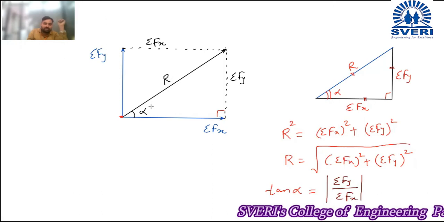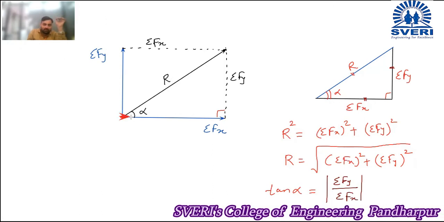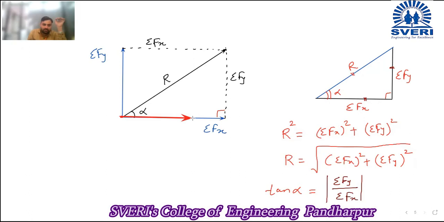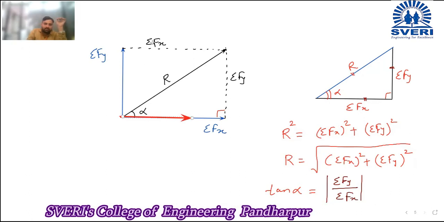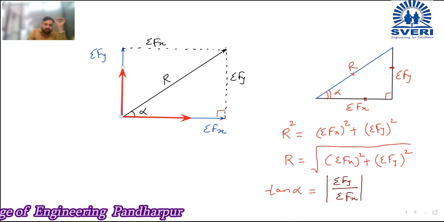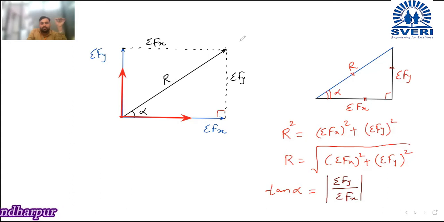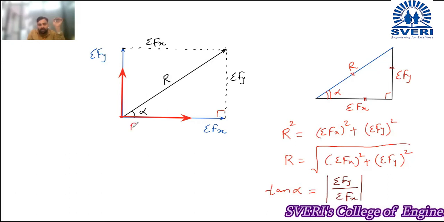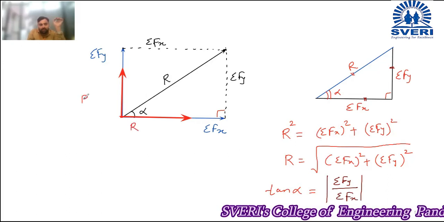So if I resolve this R here, I will get one component in this direction and another component in this direction. Here its magnitude is R, direction is away from the point. So I will write R here, and R here also.